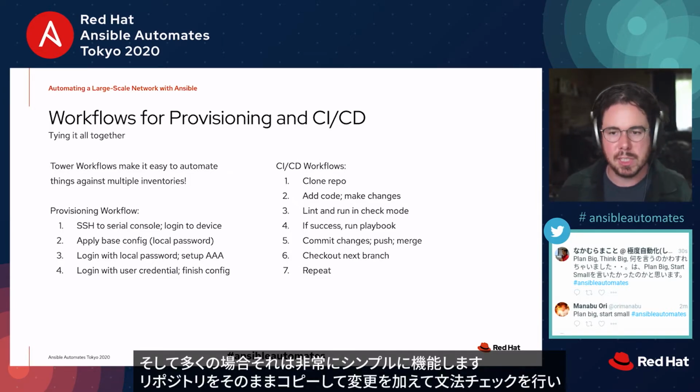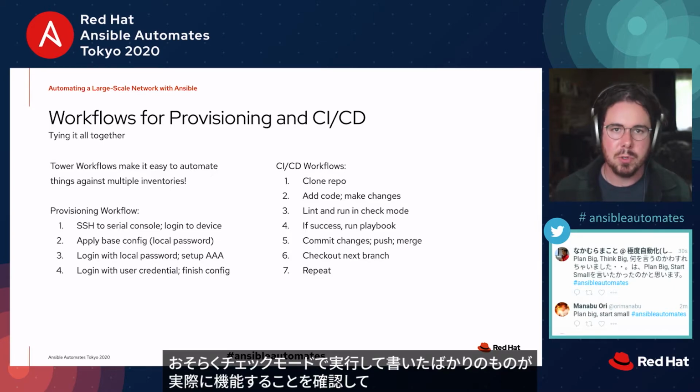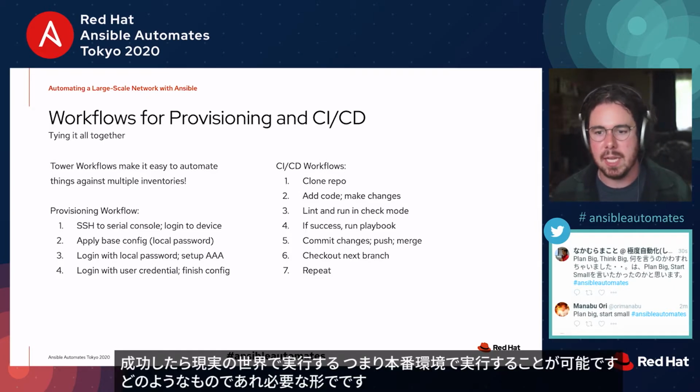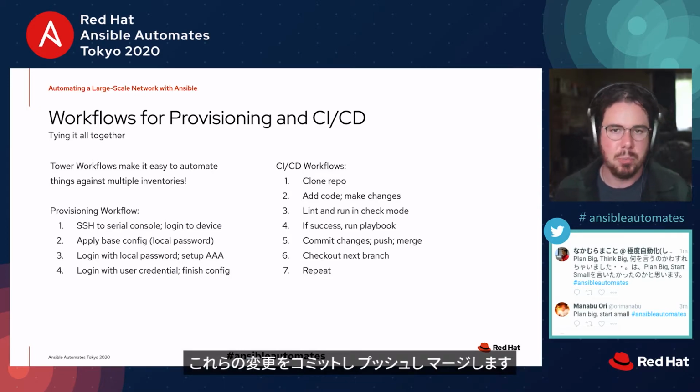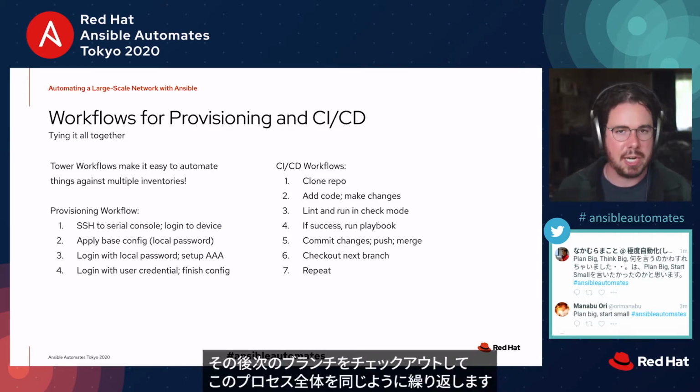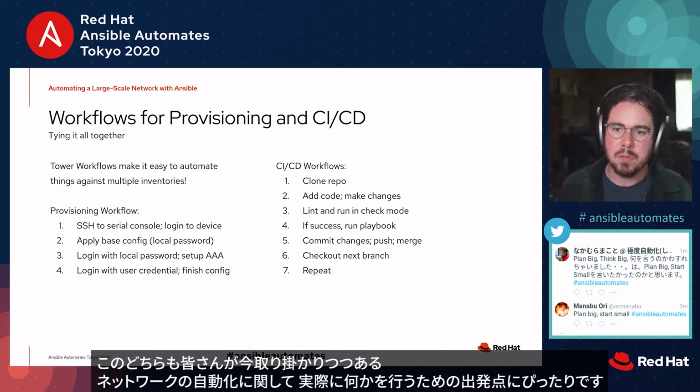And a lot of times that works out very simply, just as being able to clone a repo, make some changes to it, do some linting, maybe run it in check mode to make sure that the things you just wrote actually work and are functional. And then based on that success, run it in the real world, run it in production, whatever that needs to be. Commit those changes, push them up, merge them, and then check out the next branch and rinse and repeat that whole process. So both of these are really great starting points for actually doing something real with your network automation now that you've gotten started with it.